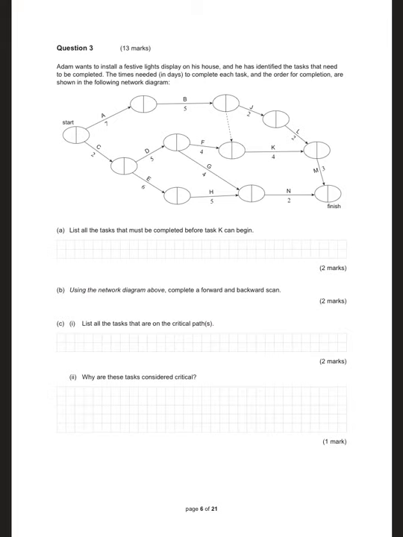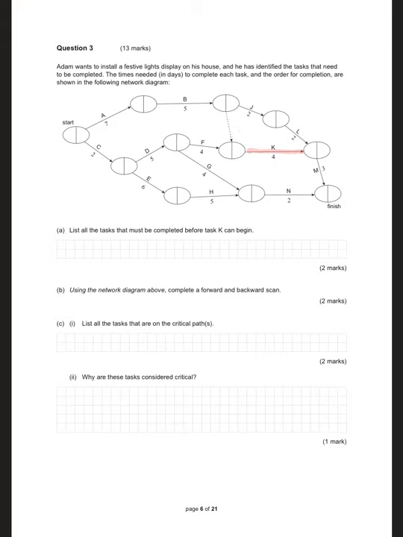Now we're at Question 3. Adam wants to install festive lights. He's identified tasks. The network is drawn for you. List all the tasks that must be completed before task K can begin. So K is here. So we have a dummy link. A and B must be completed.